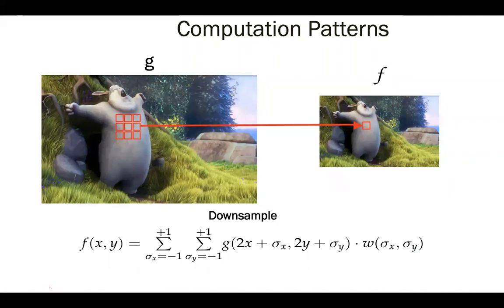Then downsampling automatically happens. What happens when we do downsampling is that if the stage doing downsampling is receiving 100 pixels per second, then it may output 25 pixels per second.